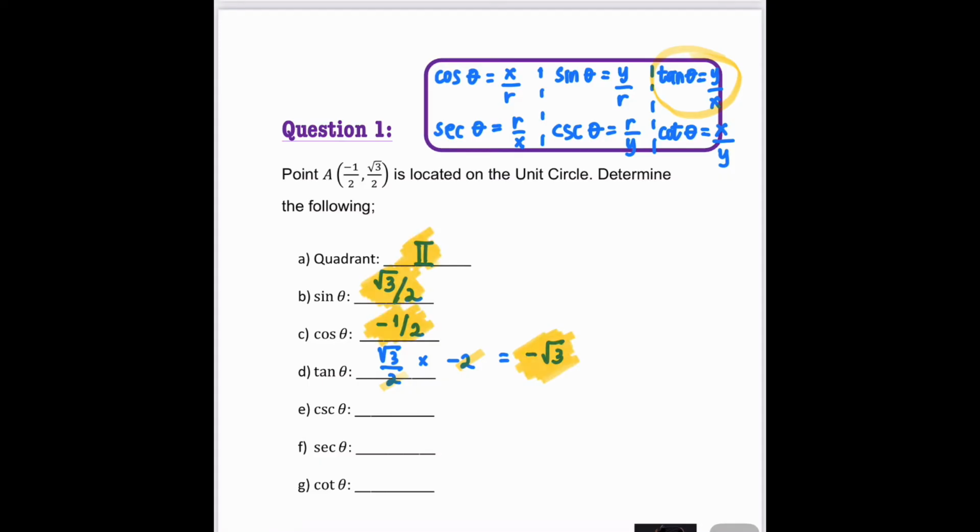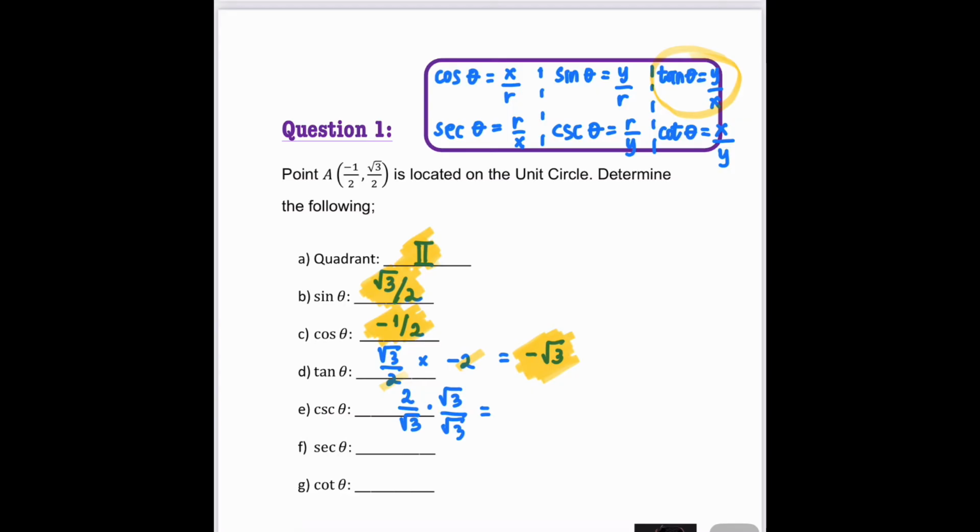For the next question, cosecant theta is the reciprocal of sine theta. We just switch the position of the numerator and denominator. So this is going to be 2 over square root of 3. Please take note that since the denominator here is a radical, we need to rationalize the denominator by multiplying the fraction by square root of 3 divided by square root of 3.